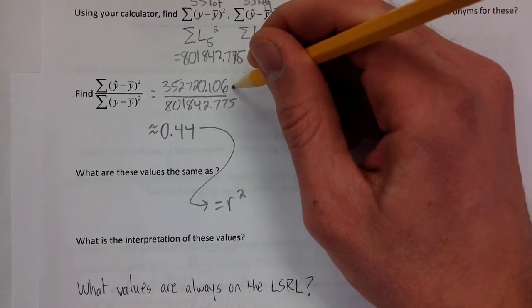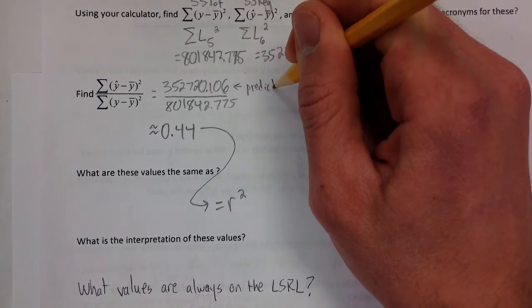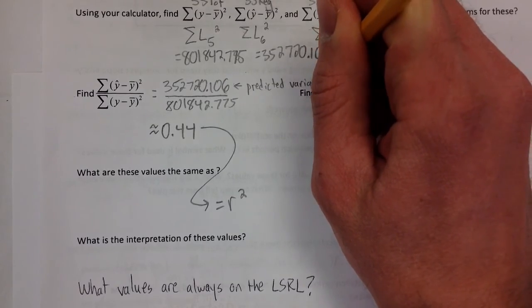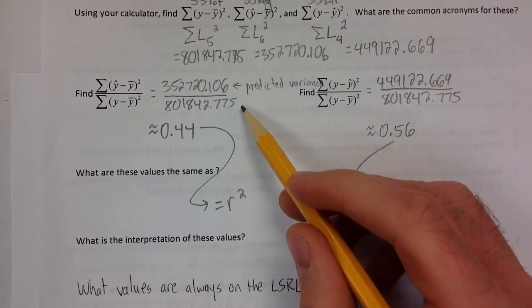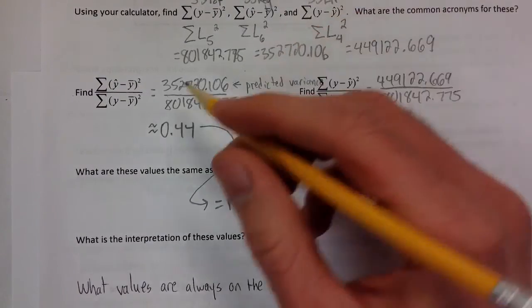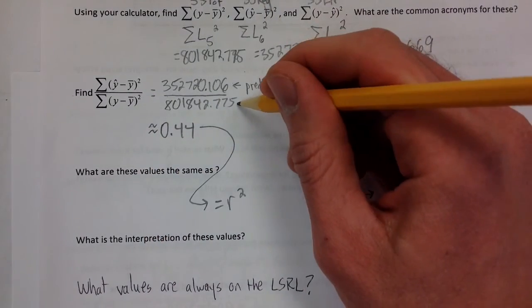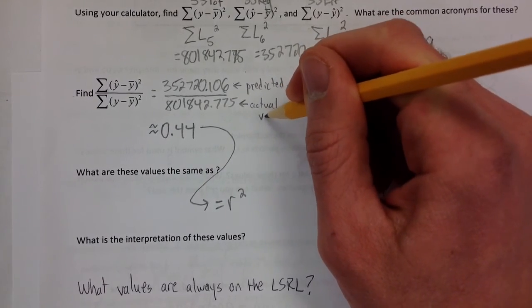So this is the predicted variance. I know it's technically not variance as per the conventional statistical definition, but it will suit our purpose in terms of understanding what this fraction means. This here is the actual deviation from the mean, so you can think of the denominator as the actual variance.